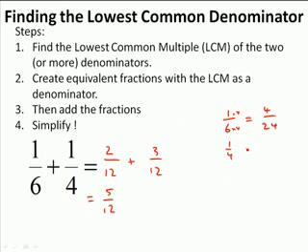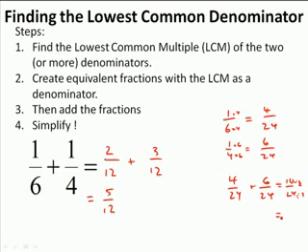And 1/4, to get to 24ths, I have to multiply by 6. 6 24ths. So this becomes 4 24ths plus 6 24ths, which is 10 24ths. And that's fine if you simplify by dividing the top and bottom by 2, which gives us 5/12. So it's okay to use the multiple of the two denominators, provided you simplify at the end.